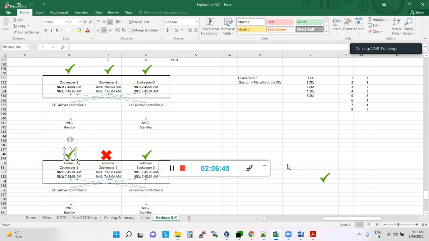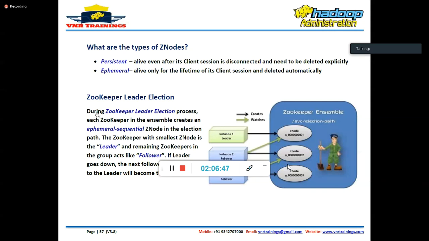During the Zookeeper leader election process, each Zookeeper creates an ephemeral sequential znode, a token, which is nothing but the token number in the election path. The Zookeeper with the smallest token number is the leader, and the remaining Zookeepers will be the followers. If the leader is down, the next smallest token number will become the leader Zookeeper. Understand?